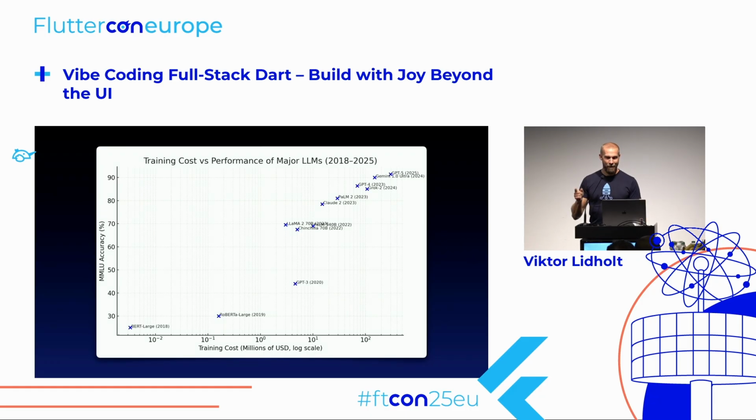But there's a but here: if you look at the x-axis, which is the cost, it's logarithmic, right? So for every step up, it's an order of magnitude more expensive and requires a lot more data, a lot more computing. So taking us to GPT-6, will that be 10 times the amount of data, compute, money? And then GPT-7, will that be 100 times?